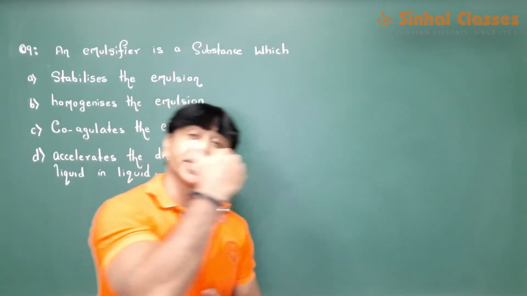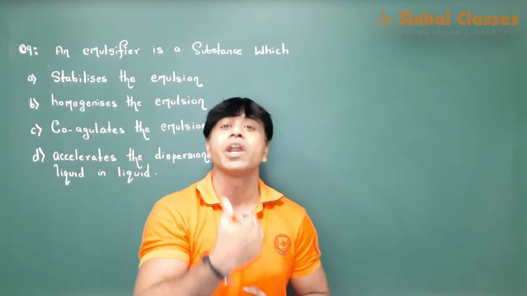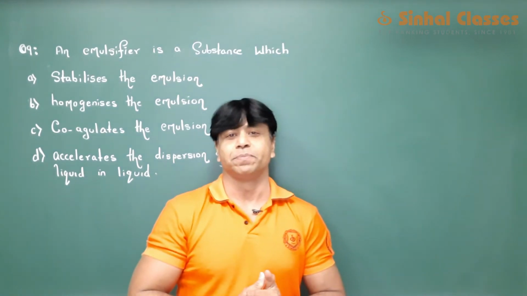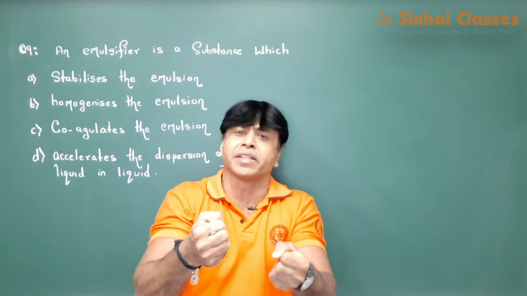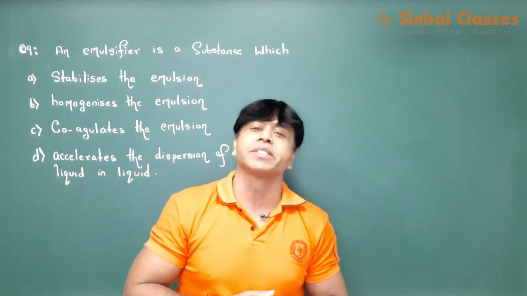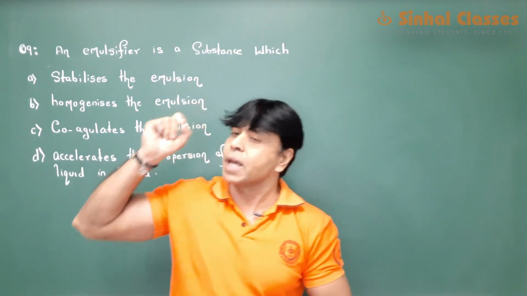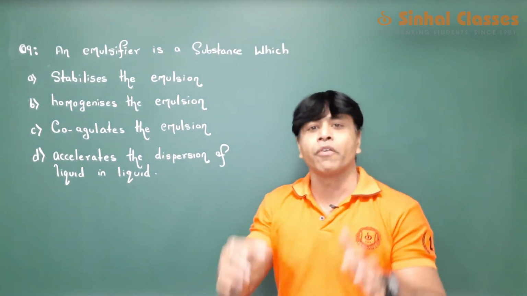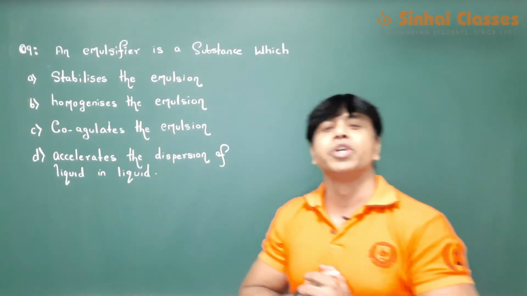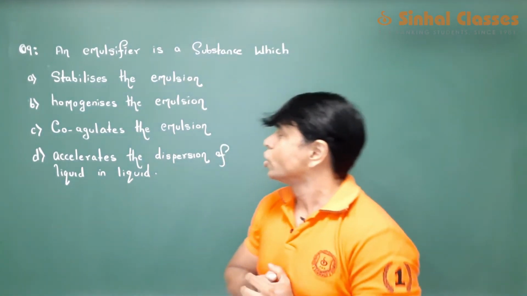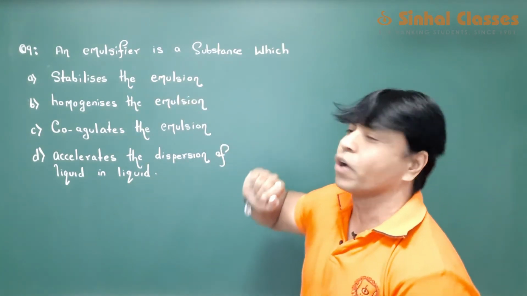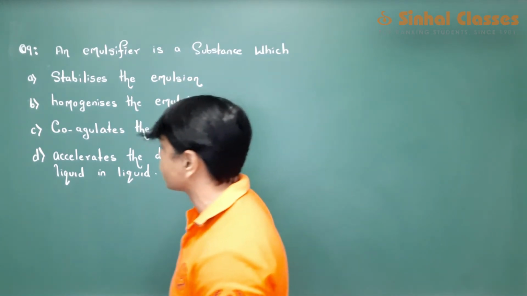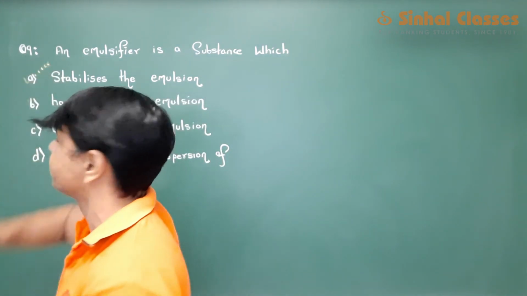One, water in oil, and the second, oil in water. And to hold both these immiscible liquids together, we use an emulsifier. So the stabilization of the emulsion is due to emulsifier. So option A is the correct answer for this question.